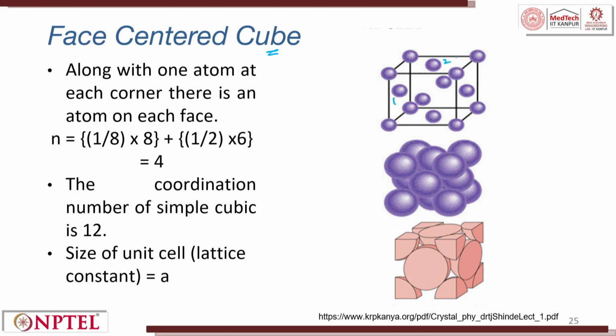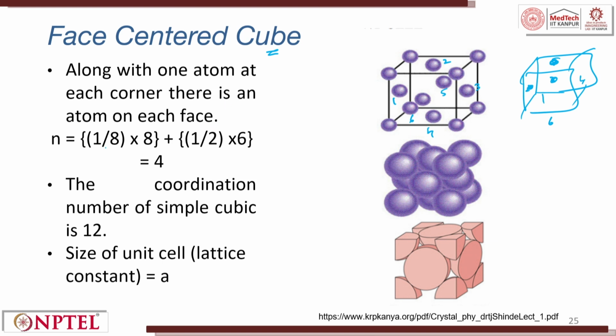When you draw a cube, there are 6 faces, 1, 2, 3, 4, 5 and 6. So, in face centered, at every face you will have an atom, along with one atom at each corner.